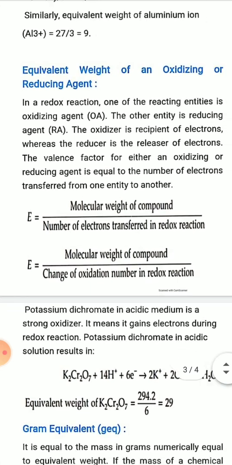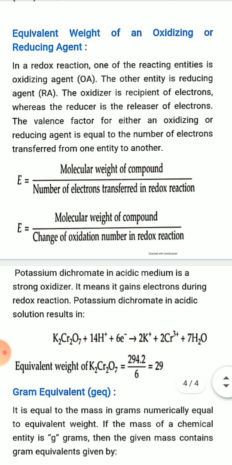Now, equivalent weight of an oxidizing or reducing agent. How to determine the equivalent weight of an oxidizing or reducing agent? In a redox reaction, one of the reacting agents is the oxidizing agent and the other is the reducing agent.